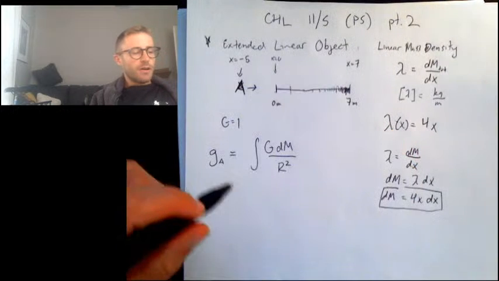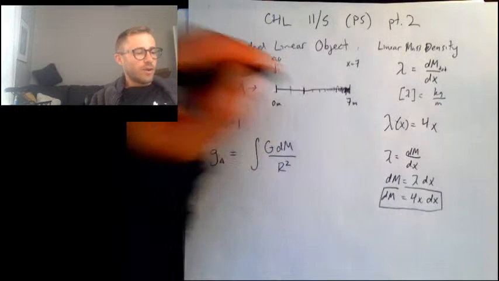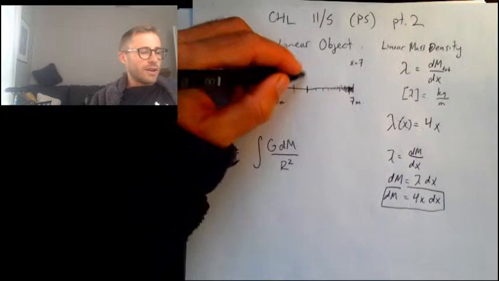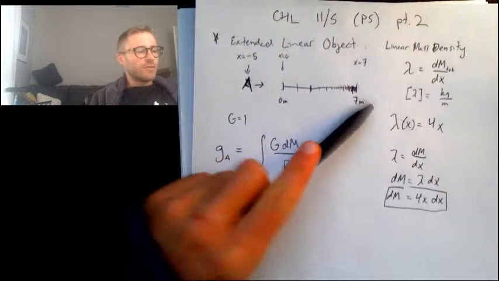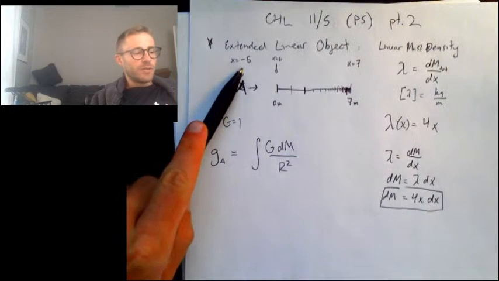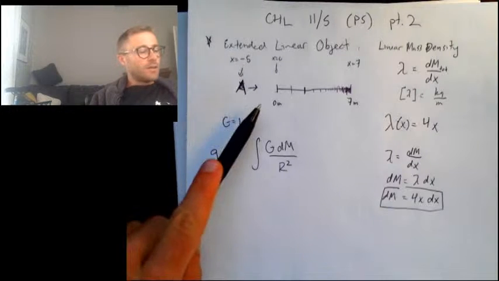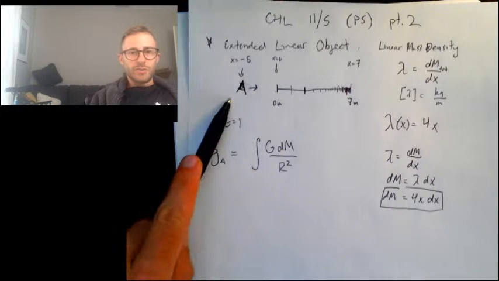R is the distance of x from the point A. So let's suppose we were right here at x equals 7. How far is x equals 7 meters from x equals minus 5 meters? It would be 12 meters away. How far is x equals 0 from x equals minus 5 meters? It's 5 meters away.